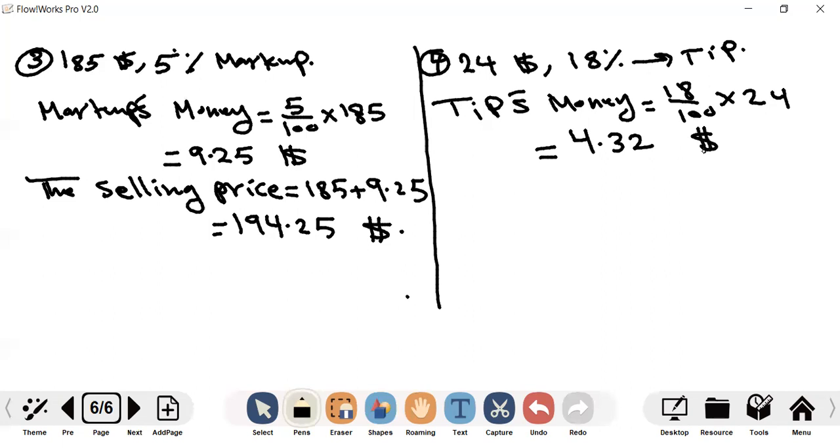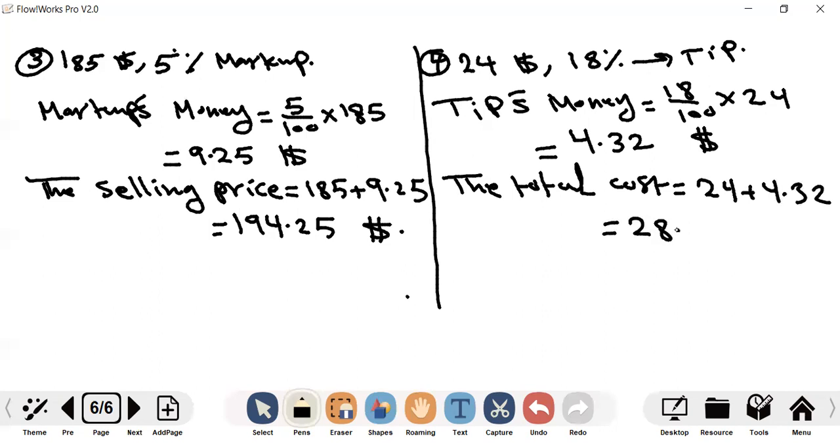So the total cost equals 24 plus 4.32 equals $28.32. This is question 4.